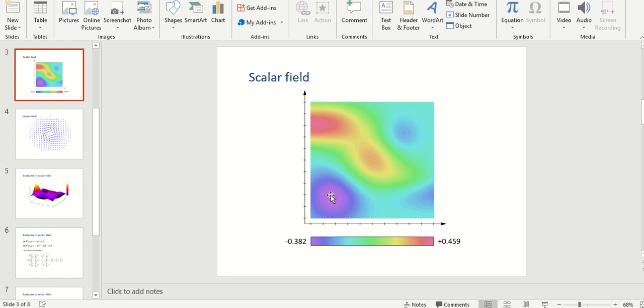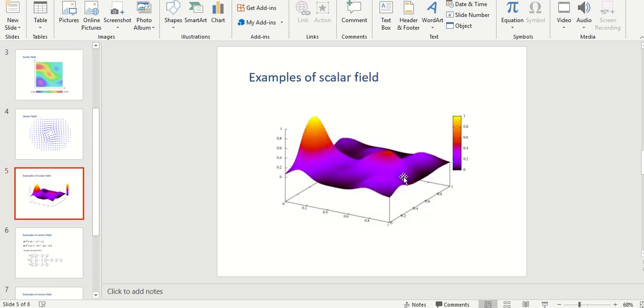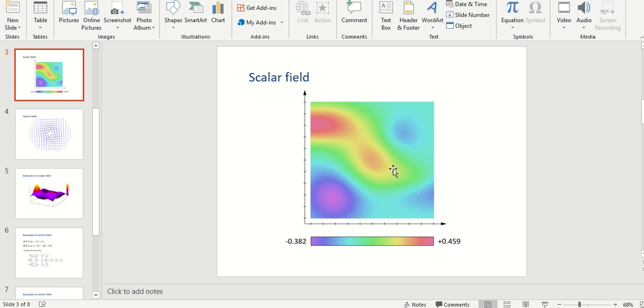But I told you that this is actually a contour plot. It represents a 3D diagram. But if that 3D diagram is represented by this 2D diagram, that is, we just convert this 3D diagram to this 2D. We are representing this one with this.